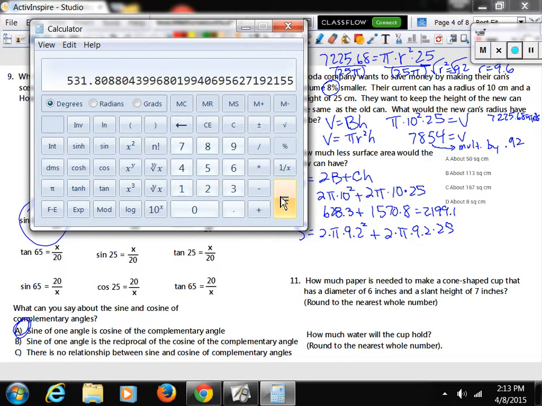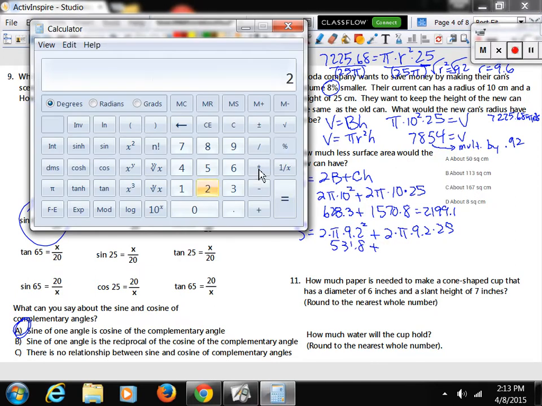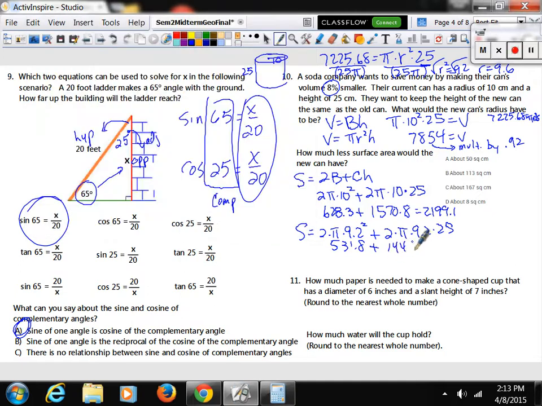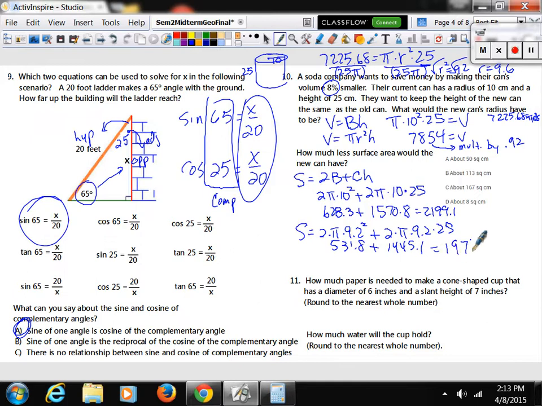You get 531.8. And then for this one, you get 2 times pi times 9.2 times 25, and you get 1445.1. And if you add those together, plus 531.8, you're going to get 1976.9.